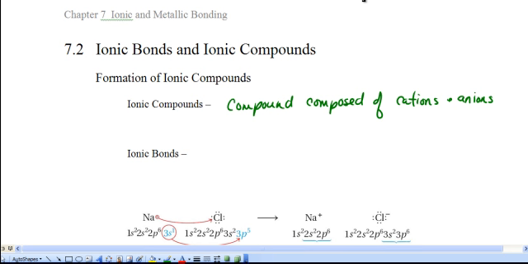And when they come together, they form what are called ionic bonds, and ionic bonds are simply the electrostatic charges holding the ions together.